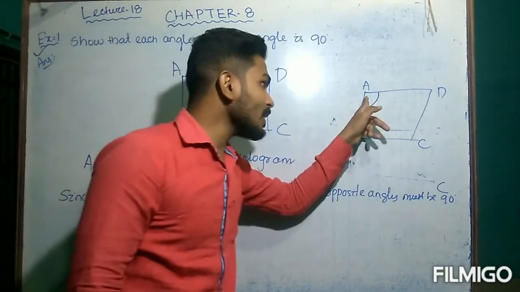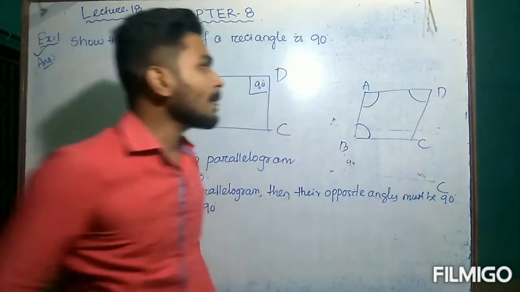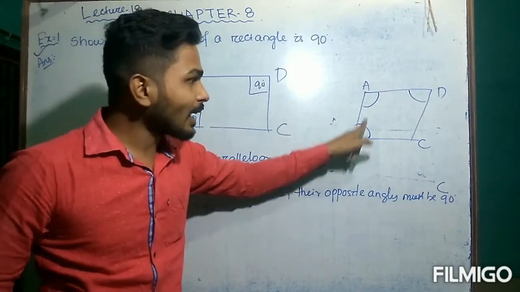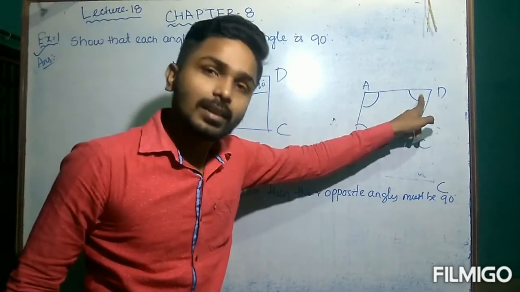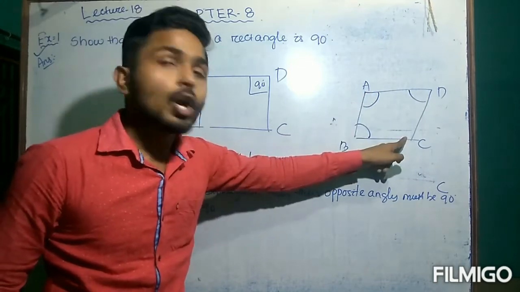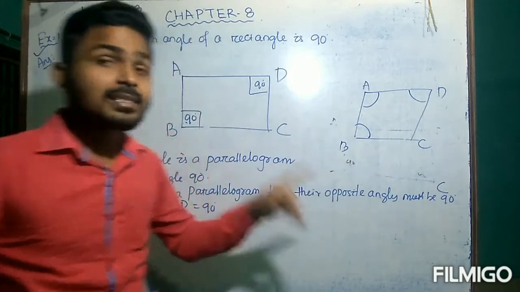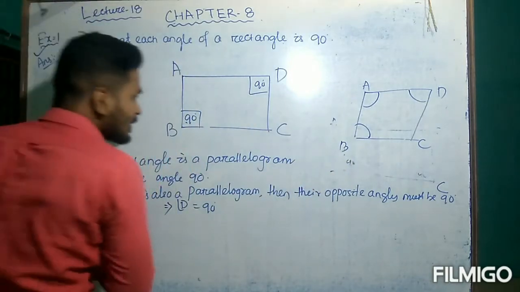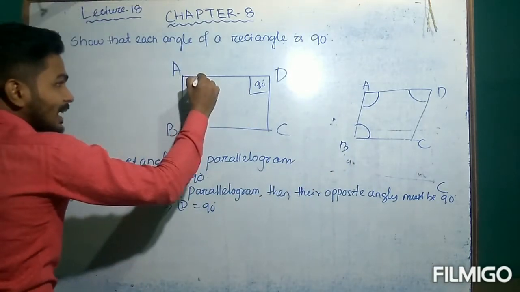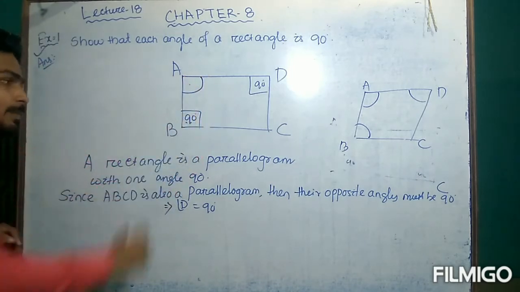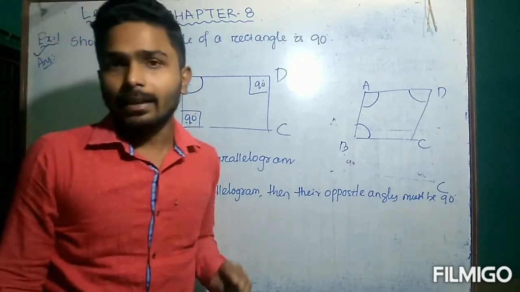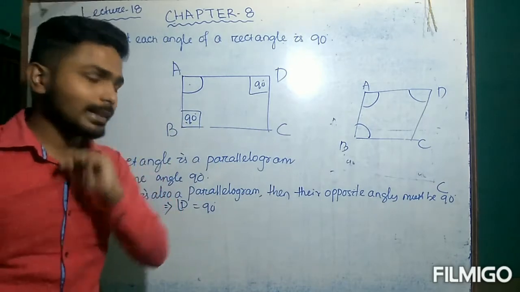So these angles are consecutive, but those angles are opposite. So we know the sum of consecutive angles is 180 degree. Here, if we consider angle A, then angle A and angle B are consecutive angles, so their sum must be 180 degree.